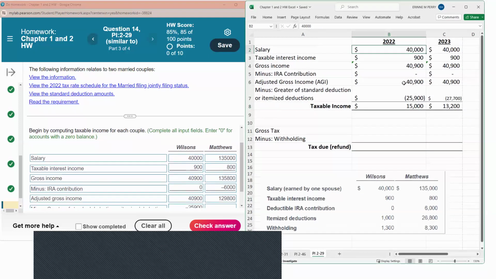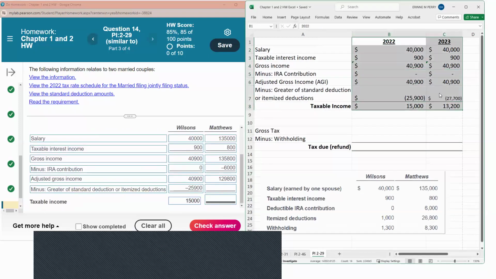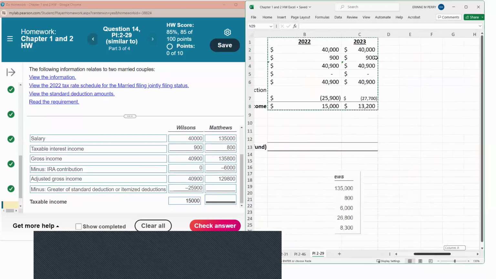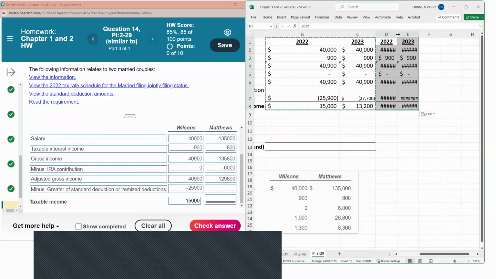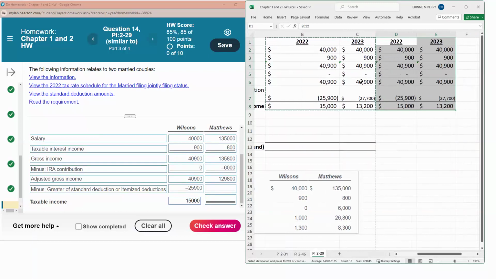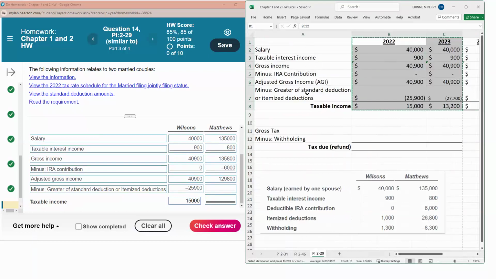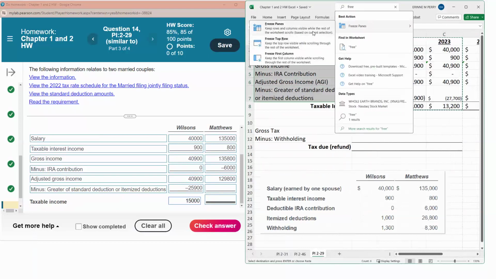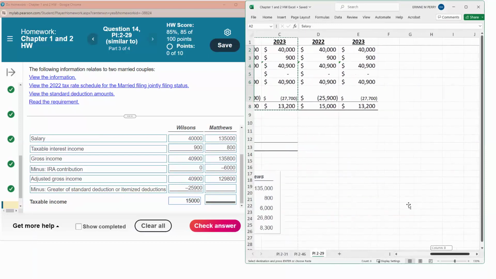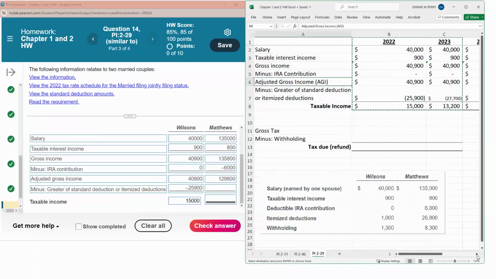So for the Matthews, all right, so we'll just make it easier.